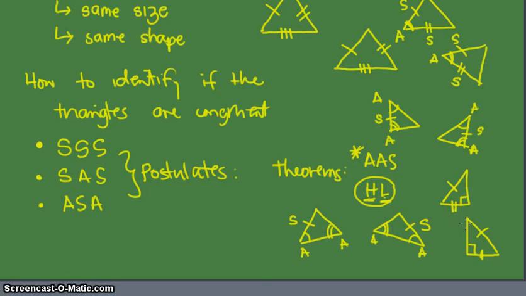If that will happen, you don't have to measure all the sides, you don't have to measure all the angles. All you have to do is to see if SSS will work, SAS will work, ASA will work, AAS will work, or HL will work. Okay? Now, let's apply these ideas on some examples.